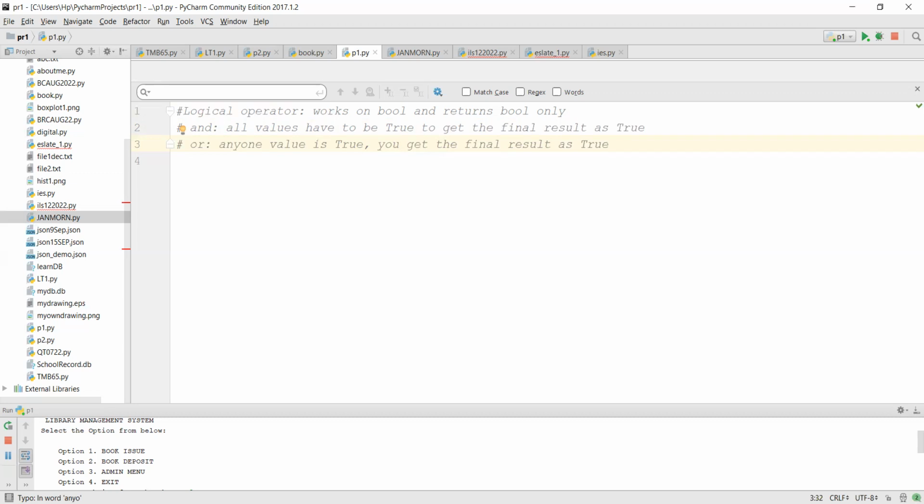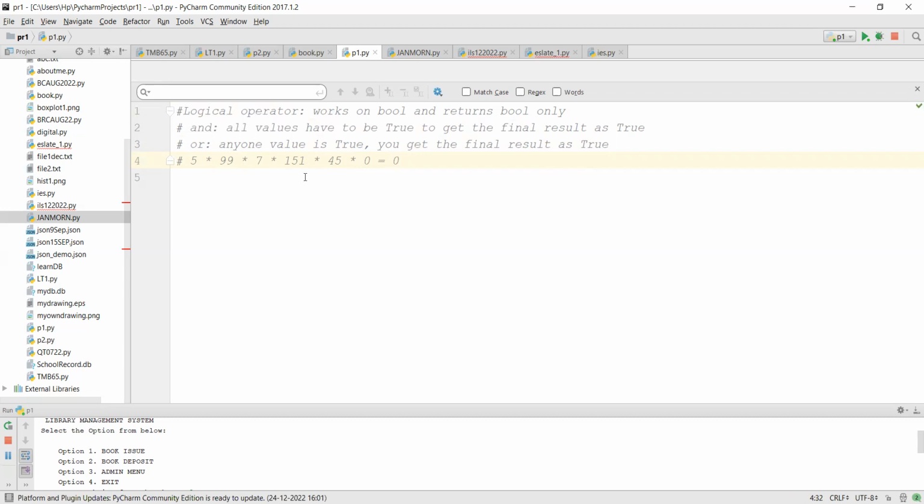This is how I remember: AND is very similar to multiplication, and OR is very similar to addition. Because if you have 5 into 99 into 7 into 151 into 45 into 0, what do you get? 0.